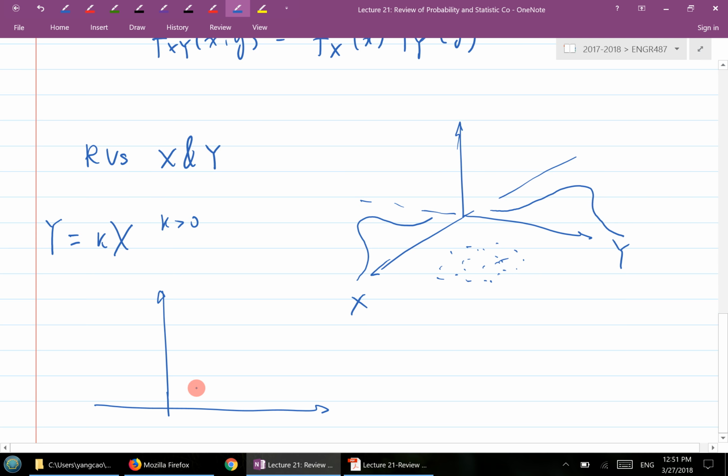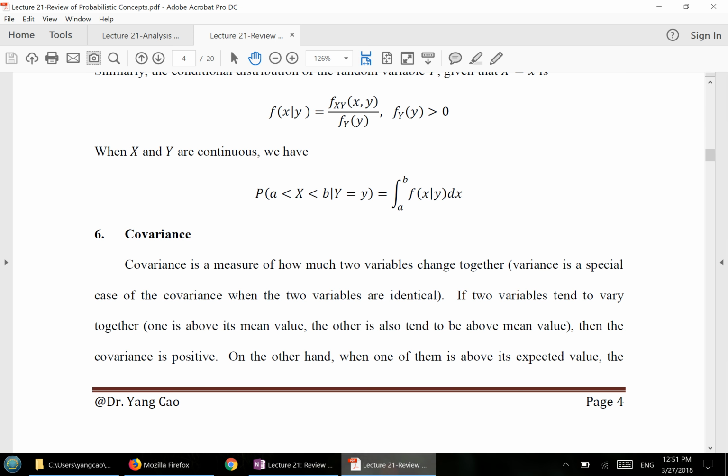You see a whole bunch of dots, but these dots are more or less lined up along a straight line. That's the idea of covariance. There might be a little bit of variance here, but it really depends on the relationship between the two random variables. So the covariance essentially tells you how much the two variables change together.